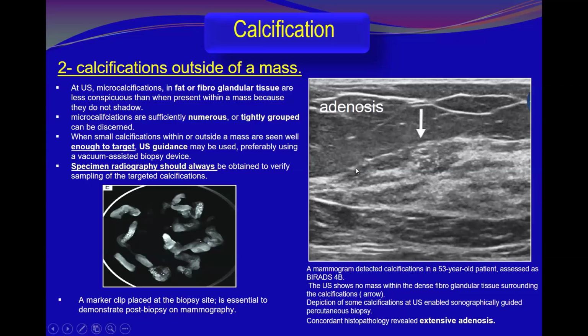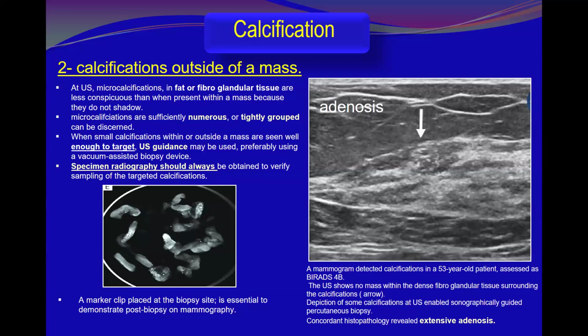Here we can see this area of calcification outside a mass, okay? And it is a punctate calcification, so it is suspicious. Being a punctate calcification, whether within a mass or outside the mass, it is suspicious. So it is BI-RADS 4B. It was seen on mammography as a calcification.